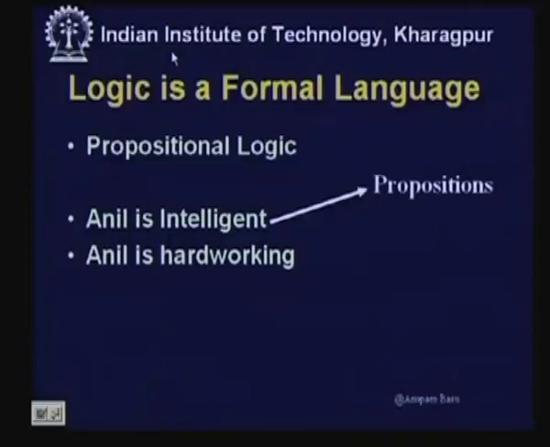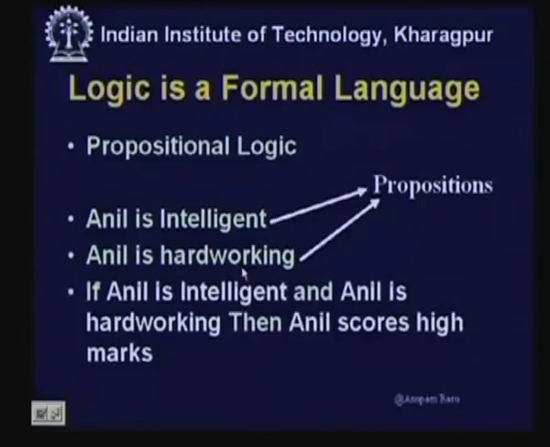Now, Anil is intelligent is a proposition. Anil is hardworking is a proposition. Again, if I make a statement like, if Anil is intelligent and Anil is hardworking, then Anil scores high marks.